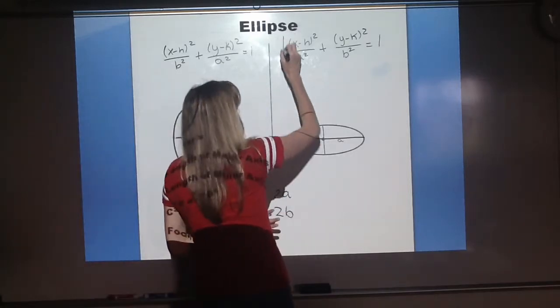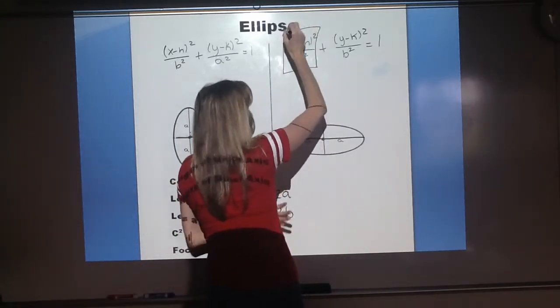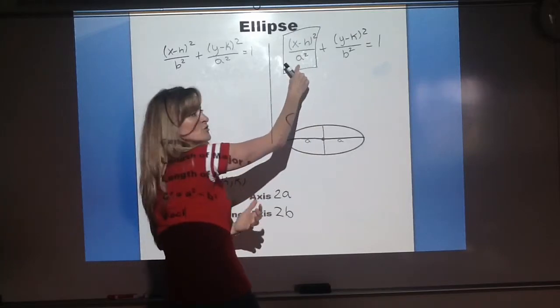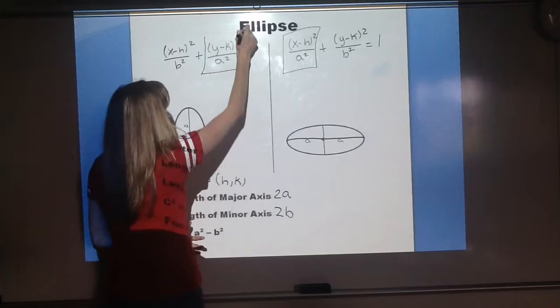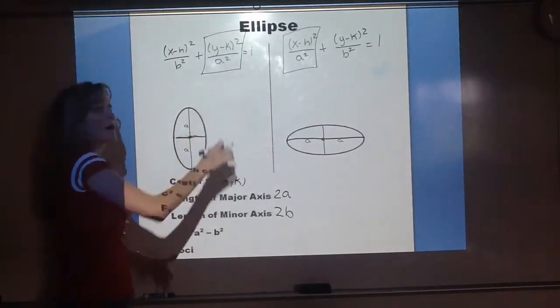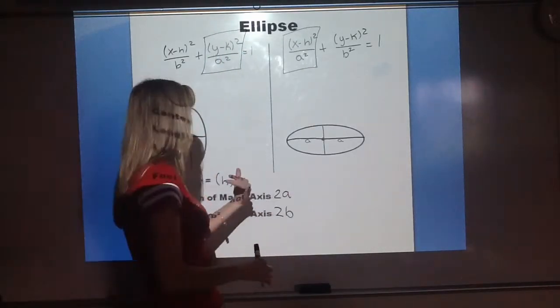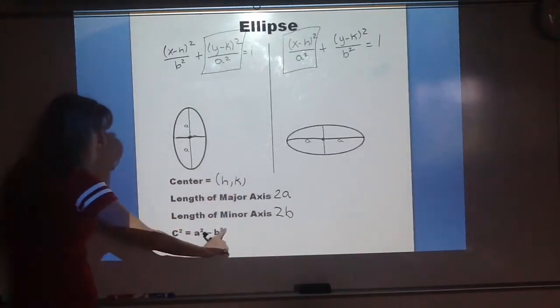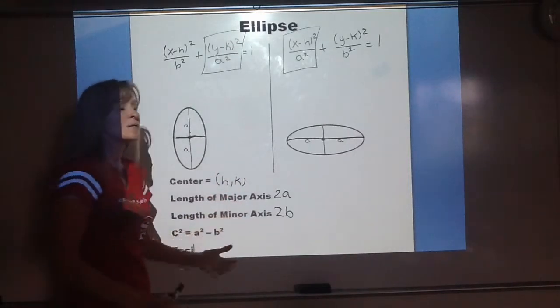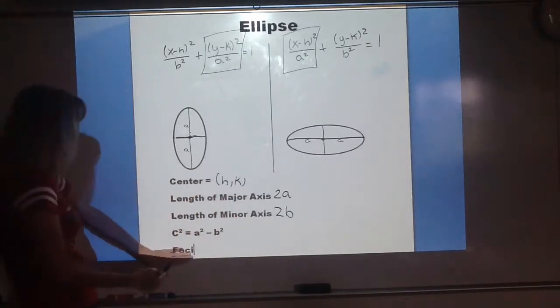So in this case, my major axis was determined underneath the x. In this one, my major axis was determined underneath the y. So you have to find the bigger denominator to find your foci. And the first thing you have to solve for is c, because c is part of the formula for the foci.